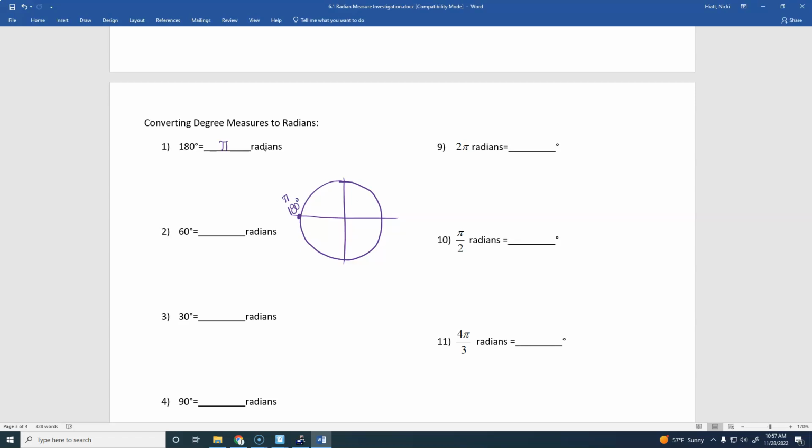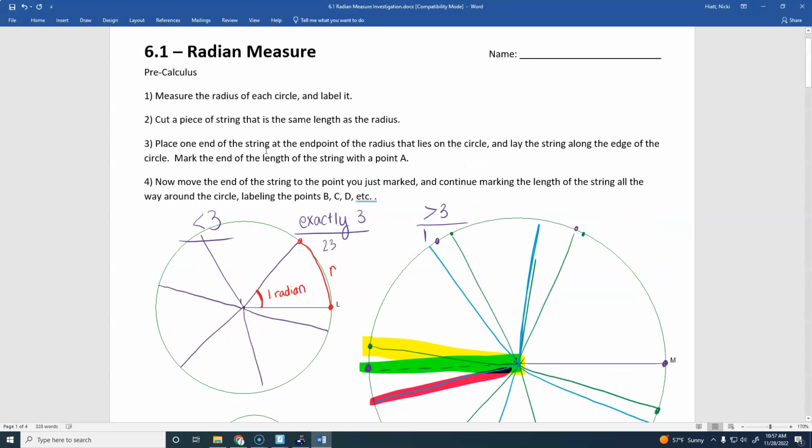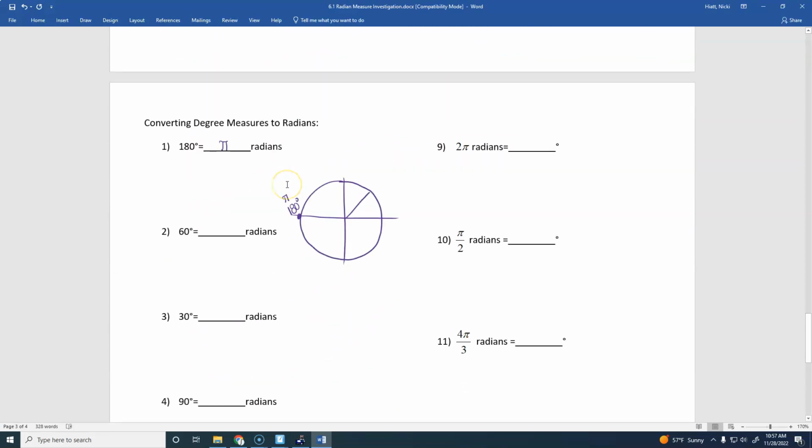If I want to know 60 degrees, well, that's not really where 60 would be. Let me erase that. It's not quite where 60 would be. So, actually, let's skip down here. What about 90?